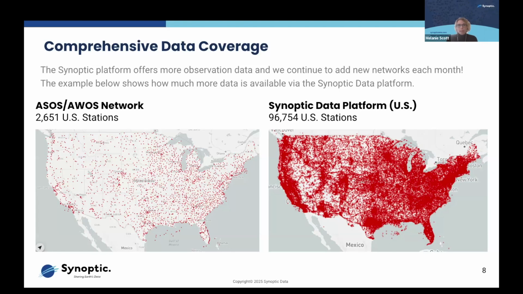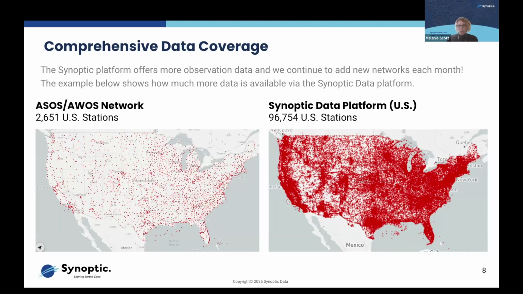We had that data to access, and there were some other areas we could pull data from. But as you can see on the right, with Synoptic's platform, almost 100,000 stations in just the U.S. And remember, we're a global organization, so that builds to 170,000 globally.